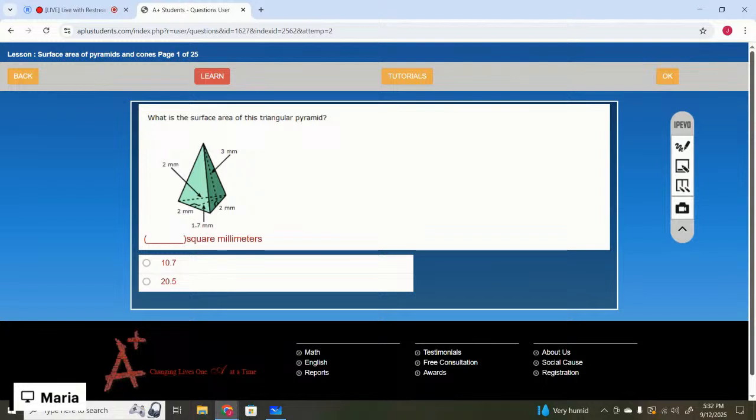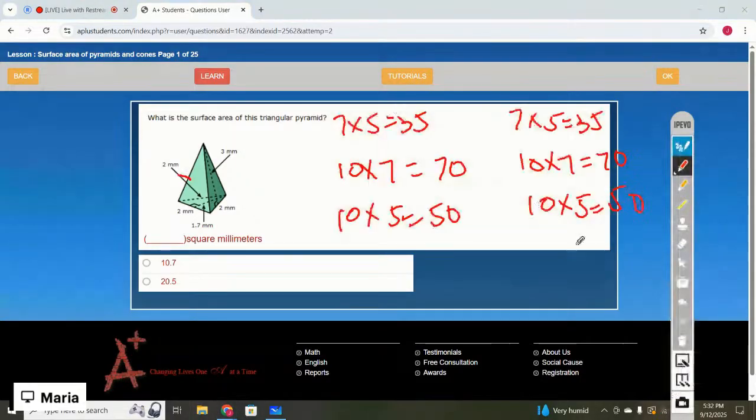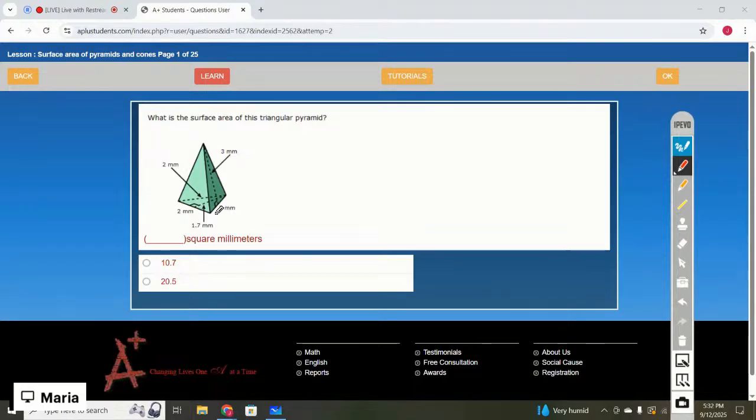What is the surface area of the triangular pyramid? So, three of the faces are triangular, right? Let's just calculate the area of the triangular faces. Half times base times height. So that is 3 for all the three faces, right?